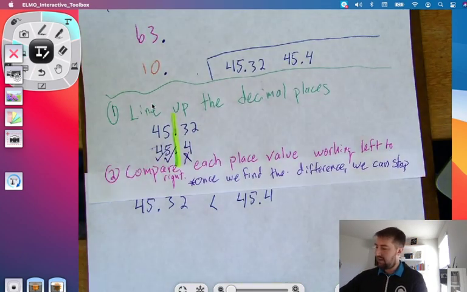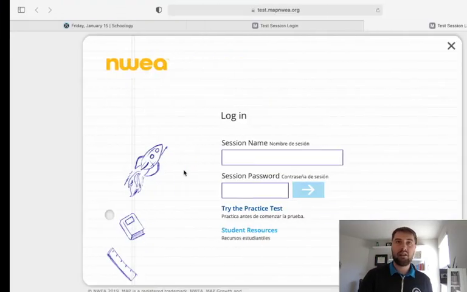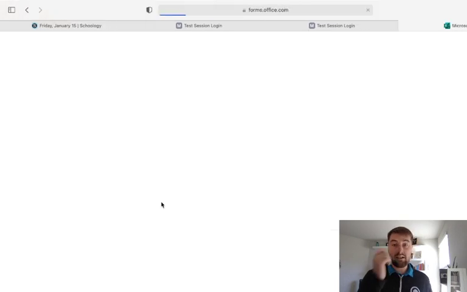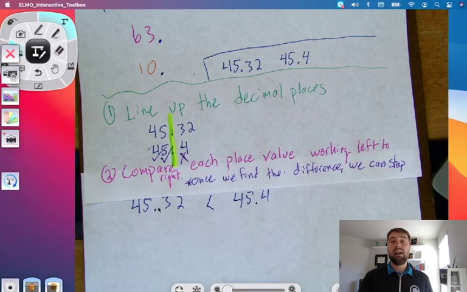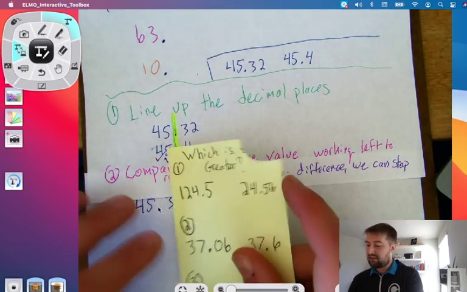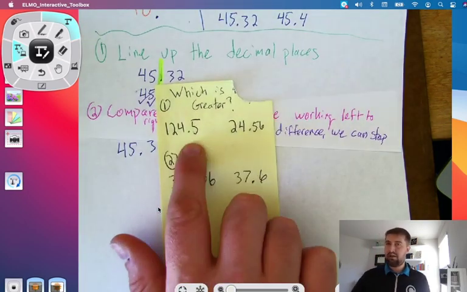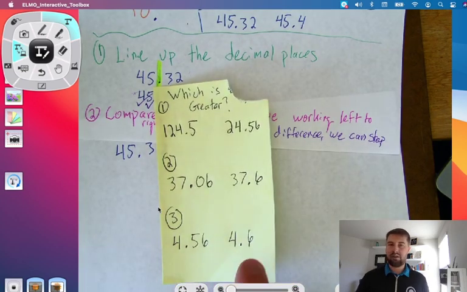I'll show you exactly what it looks like, actually. Here's our Schoology page for Friday. Here's what the exit ticket looks like. It is just 3 spots for answers. So it's answer 1, answer 2, answer 3. Just put in your 3 answers. The 3 questions say which is greater: this number or this number, this number or this number, and this number or this number.